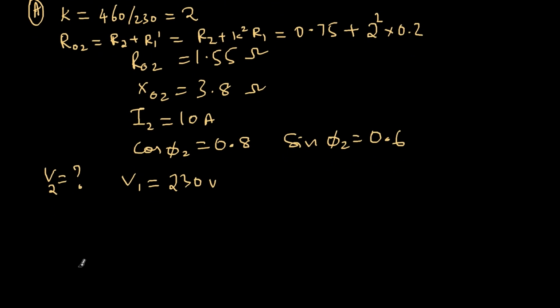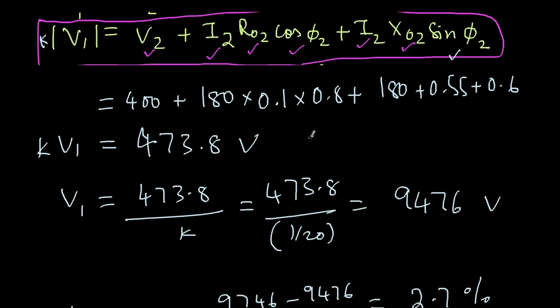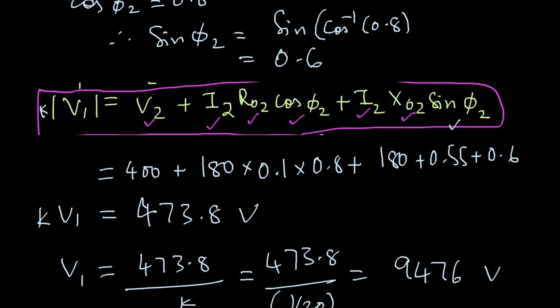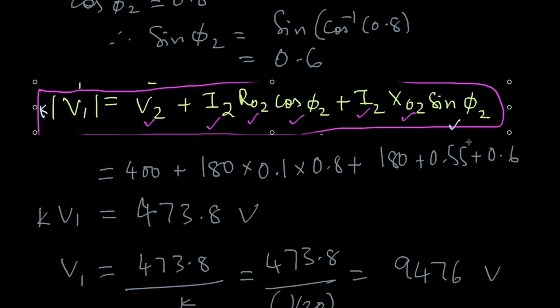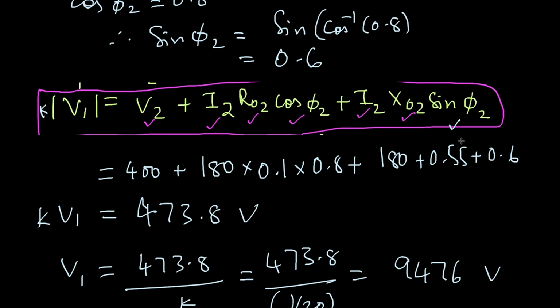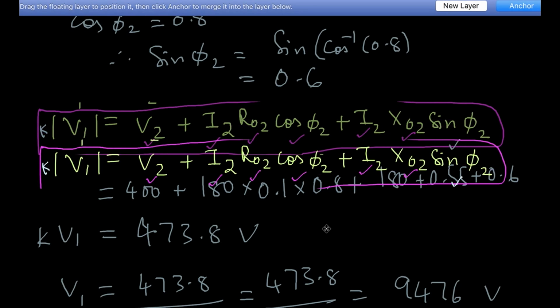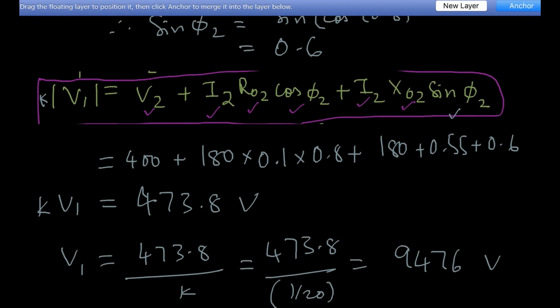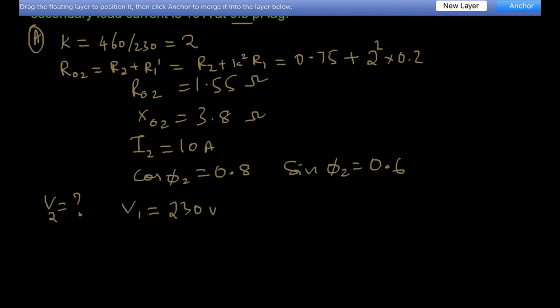And I know what the formula is. We had just used this formula earlier, same thing. I'll just copy it here. So now we are doing this for this problem.